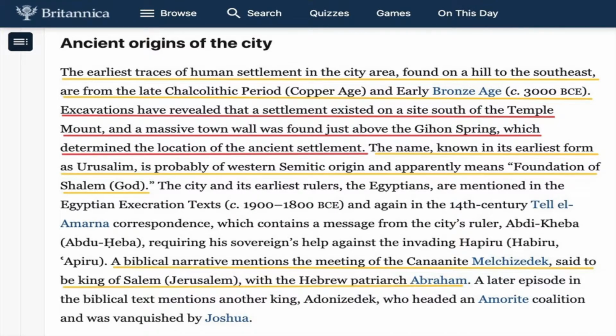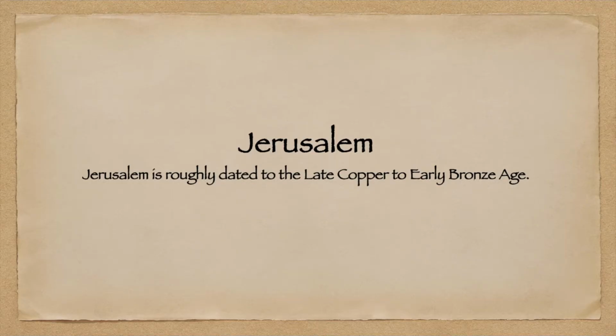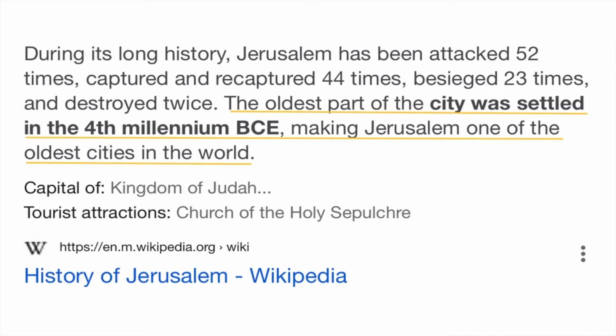Very interesting. A biblical narrative mentions the meeting of a Canaanite, Melchizedek, said to be king of Salem, Jerusalem, with the Hebrew patriarch Abraham. Jerusalem is roughly dated to the late Copper to early Bronze Age. The oldest part of the city was settled in the 4th millennium BCE, making Jerusalem one of the oldest cities in the world.